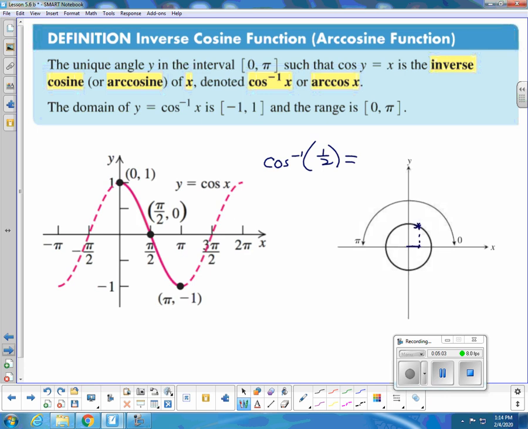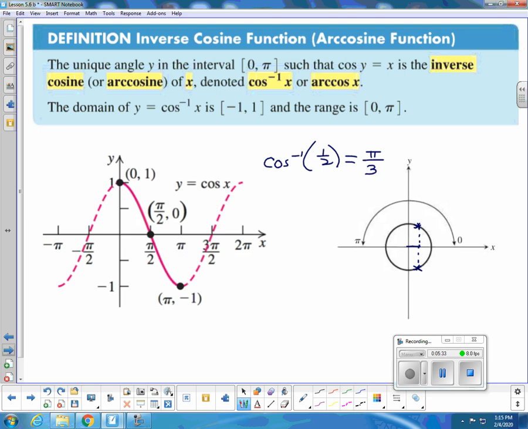I'm going to be at this angle or this angle. And again, I only care about the one at the top between 0 and pi. What angle is right here? Pi over 3. Make sense? Okay. The domain is the same. It's between -1 and 1, but the range is different, 0 to pi.